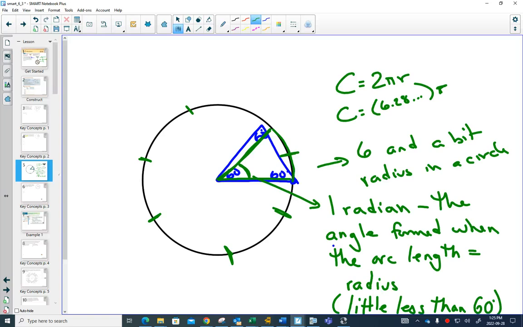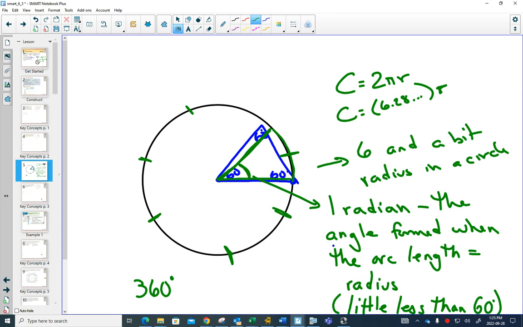Now, if the definition of 1 radian as an angle of measurement is equal to the angle when the radius is the same, and we know how many degrees are in a circle, 360. You know that there's 360 degrees in a circle.